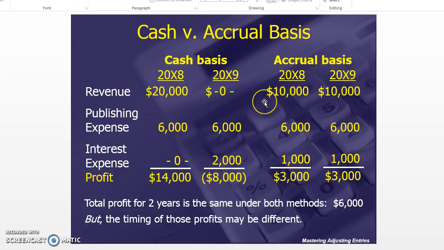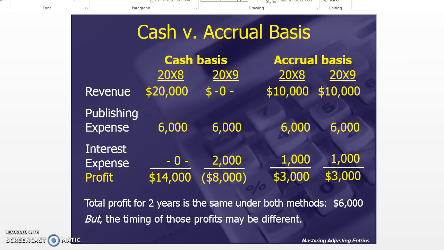Conversely, under the accrual basis, we are going to say this is a 2-year subscription. So we had to provide subscriptions for all of 2008, then again for 2009. At the end of each of those years, we earned $10,000 and then another $10,000 for 2009. Now let's think about the expenses. It was $6 per subscription at the point when they published each of the subscriptions.